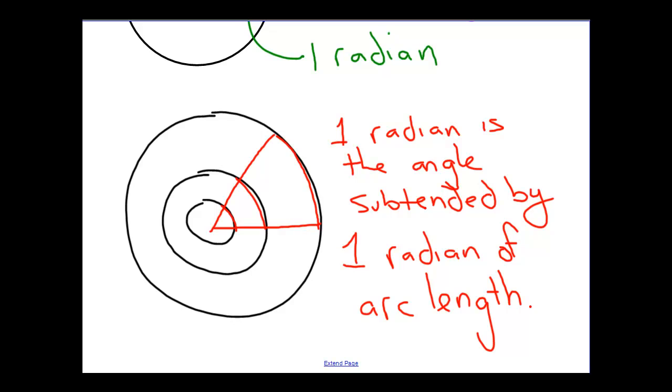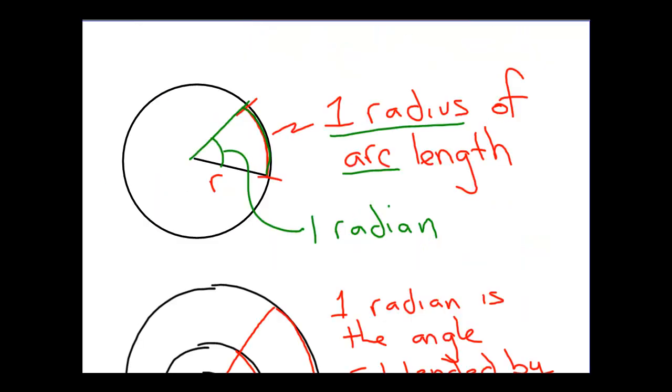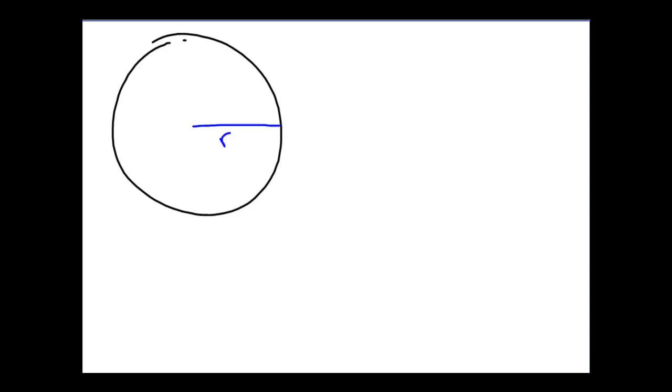What's the bad news? Well, there's always bad news in math. The bad news here turns out to be the number of radians there are in one circle. It turns out that when we look at a circle and we try to start putting radii on the outside edge, so if this is our radius, if we go to start putting radii on the outside edge, we do not get a whole number of them.